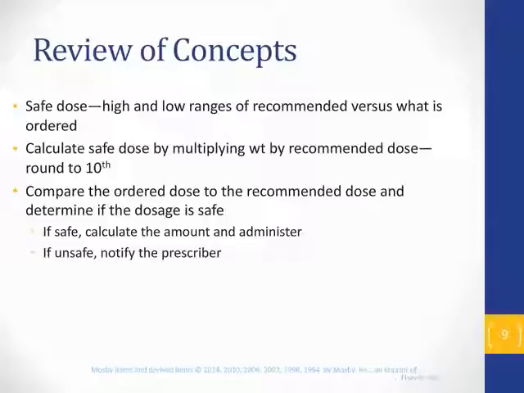And then it's to be divided into 2 or 3 equal doses, whatever the recommendation is. So then you know what your information is. You calculate that particular child's weight, then you calculate the high and the low ranges, then you compare that to the ordered dose, and now you know whether or not this medication that has been ordered for the child is actually what we consider safe, if it falls within the range.